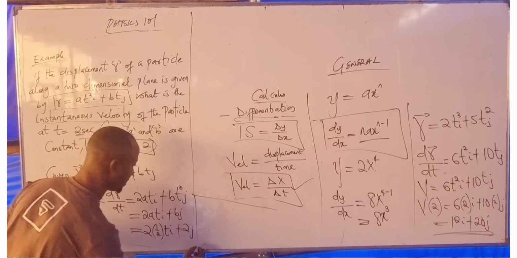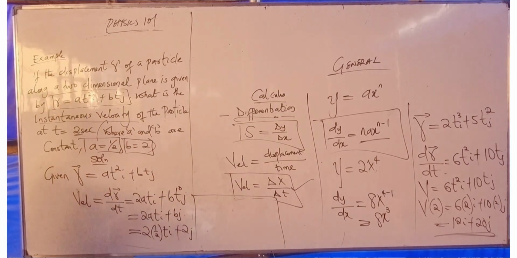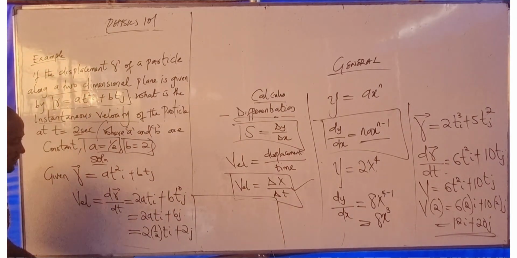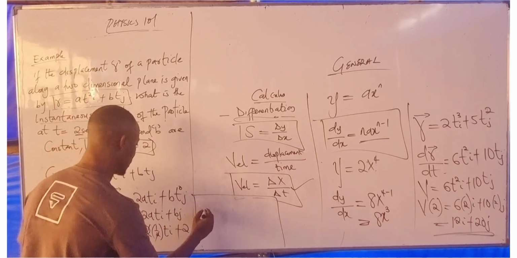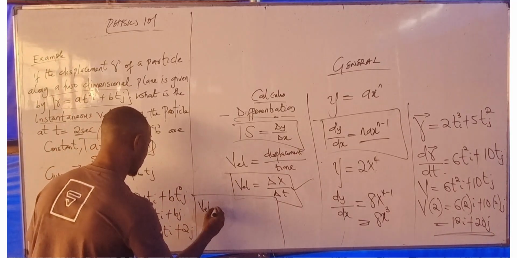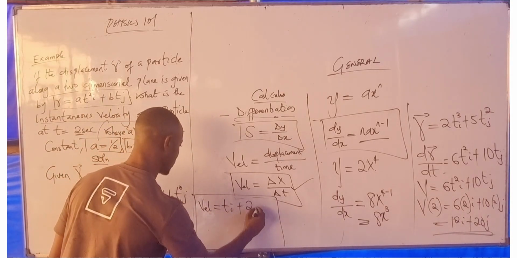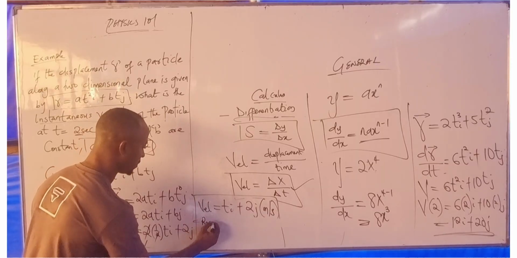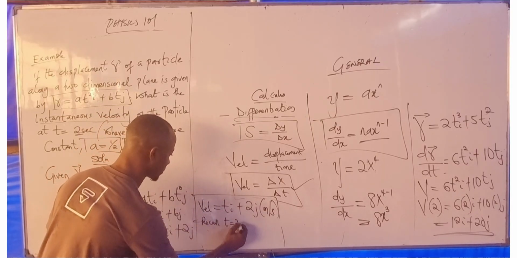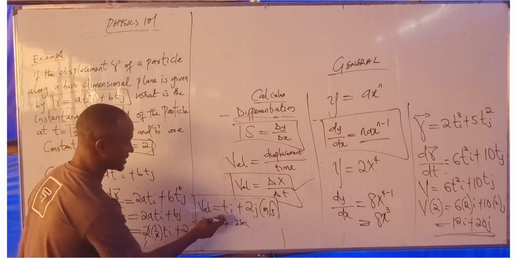So to solve this, when we multiply 2 by half, 2 into half will give us 1. Our velocity will give us ti plus 2j, all in meter per second. But recall that our time is 2 seconds, so I'm going to replace my t with 2.